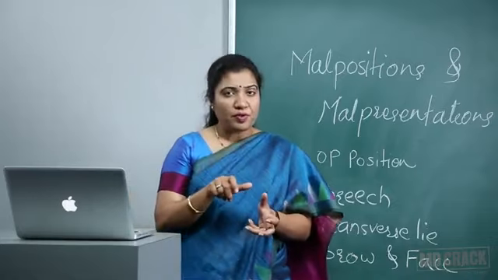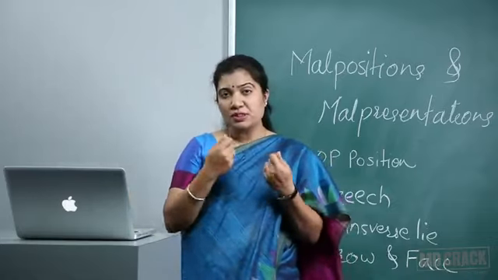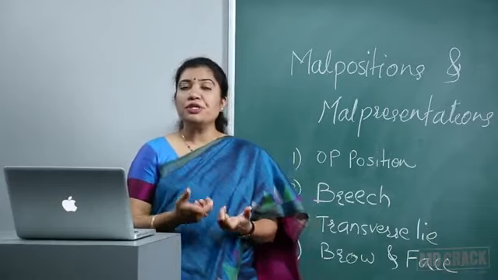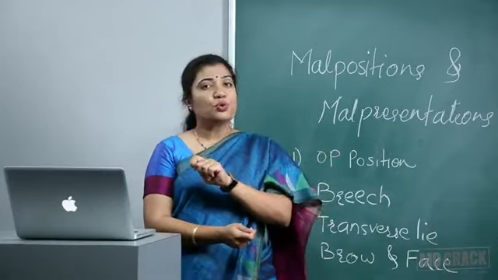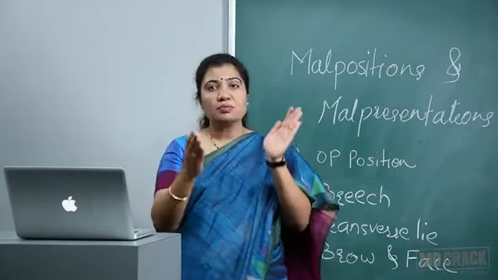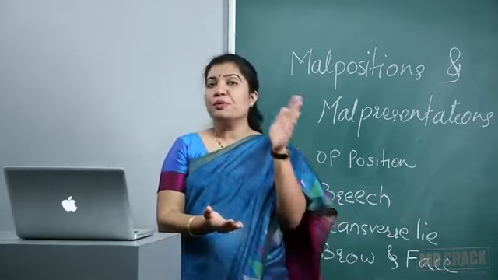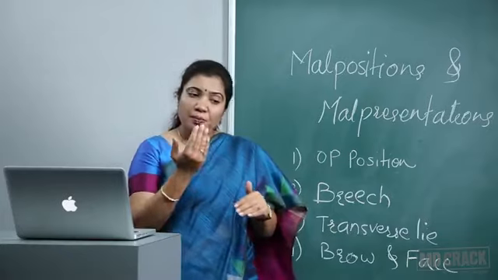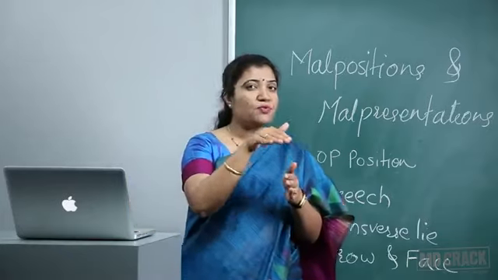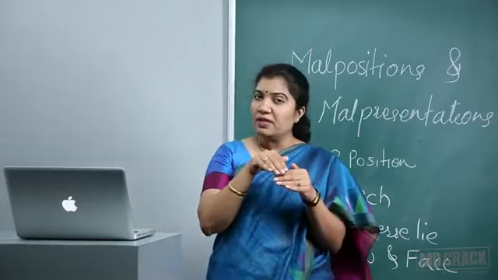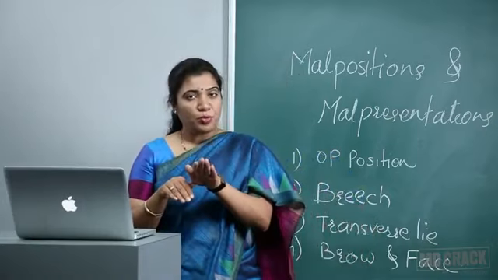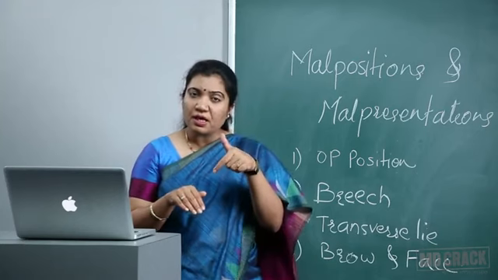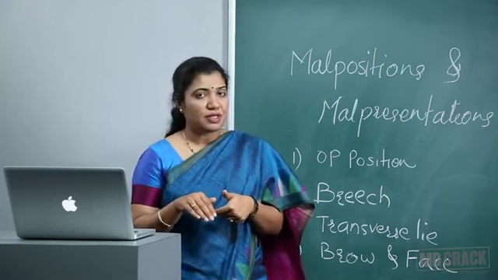We hold the back of the baby, cover the baby with some clean sheet and rotate the baby through 180 degrees so that anterior shoulder becomes posterior and posterior shoulder becomes anterior. And because posterior shoulder was actually at lower level than anterior shoulder, now the shoulder lies below the pubic symphysis and we deliver that arm. It is easy to deliver that arm.